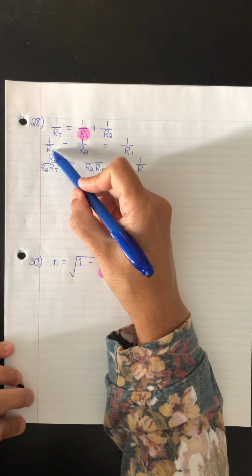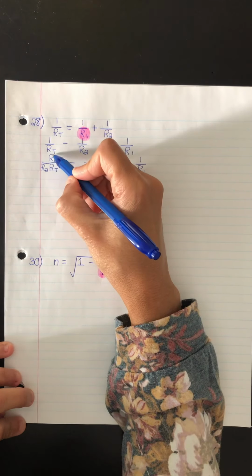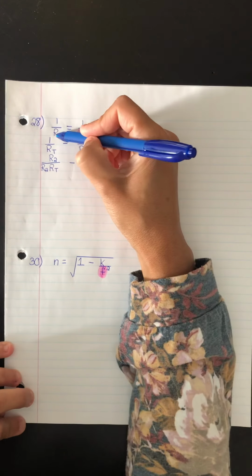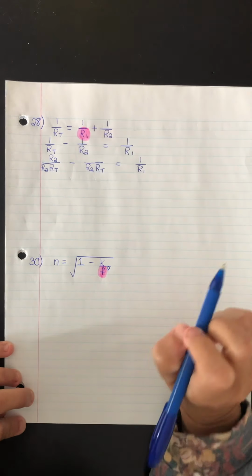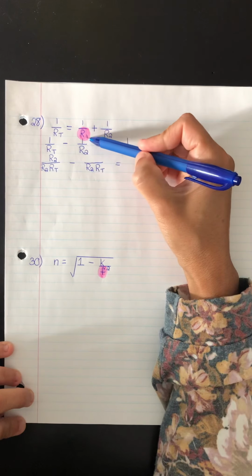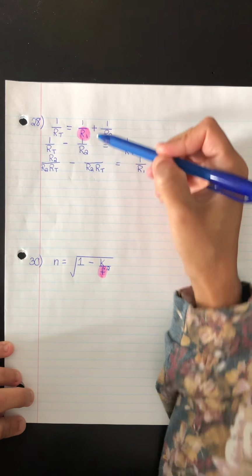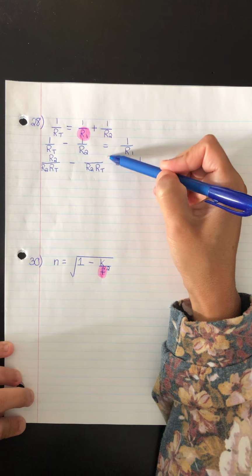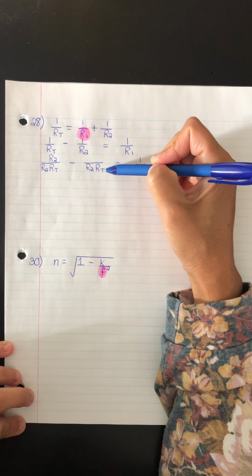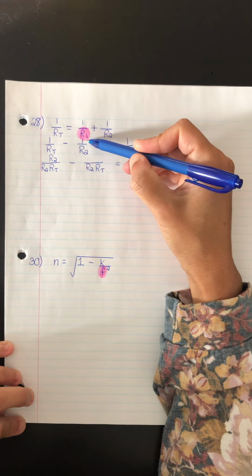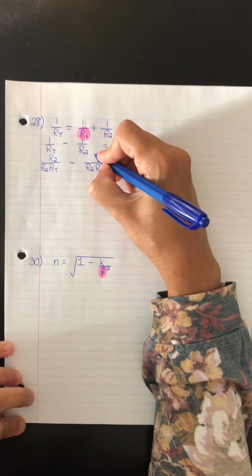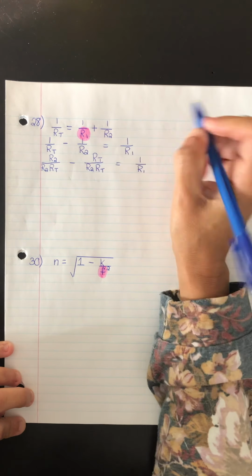You see, if you were going to reduce this fraction, you would cancel out the R2s and you'd get back this fraction here. Okay, similarly, in taking this fraction and transforming it into this one, you can see the denominator got multiplied by RT. Thus, we must multiply the numerator by RT, like this.